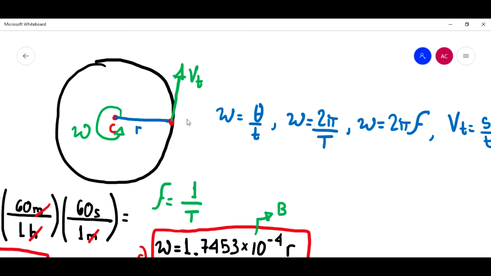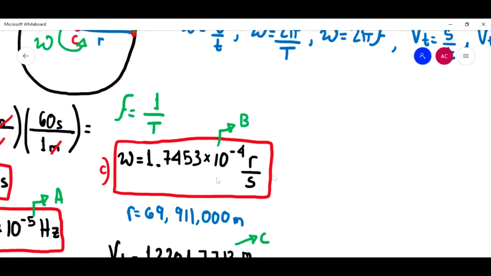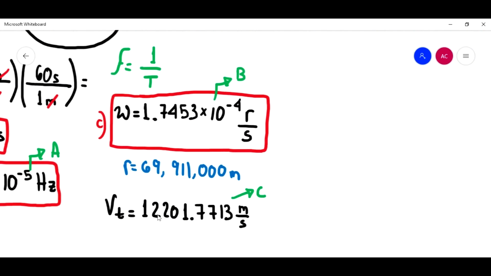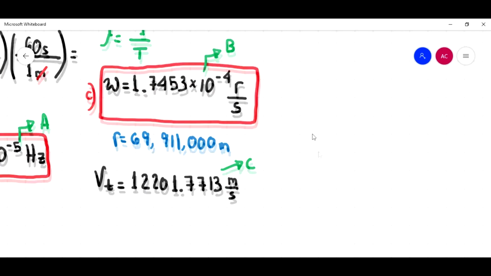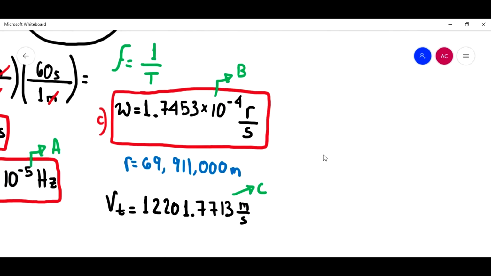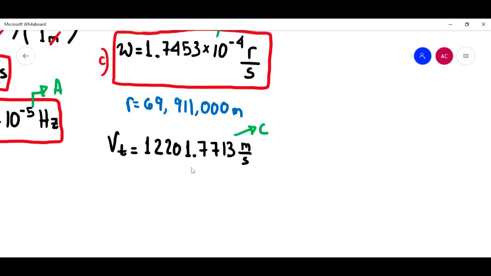So imagine yourself at that velocity. Of course, the tangential velocity of the Earth will be less. It's about 1,000 kilometers per hour or something like that. So, well, I guess you will be dead. So that's meters per second.